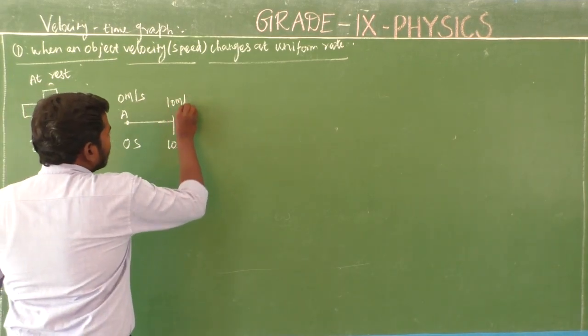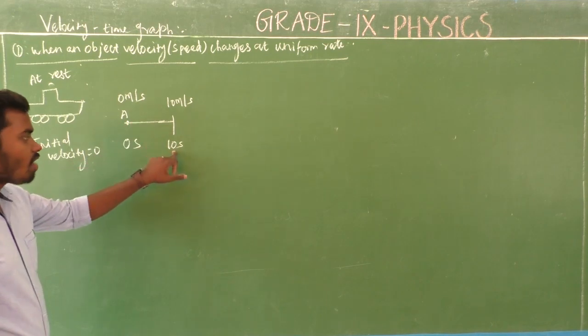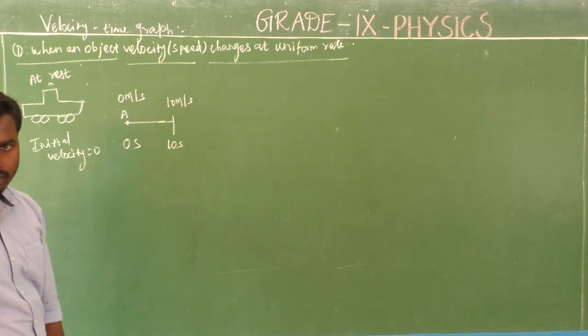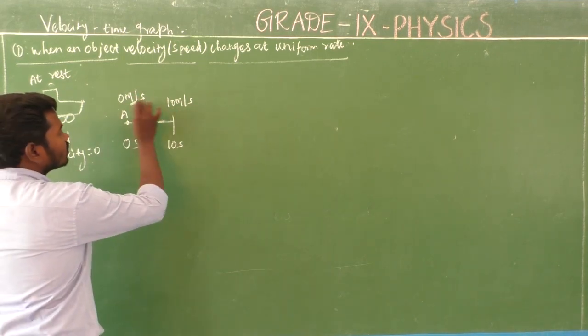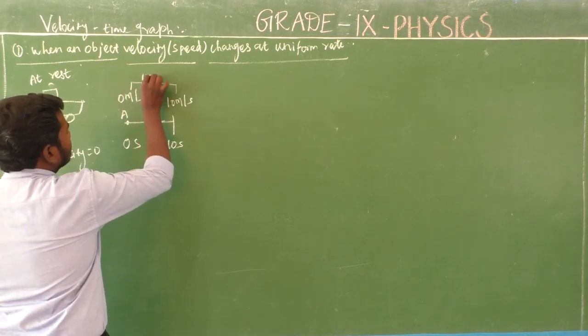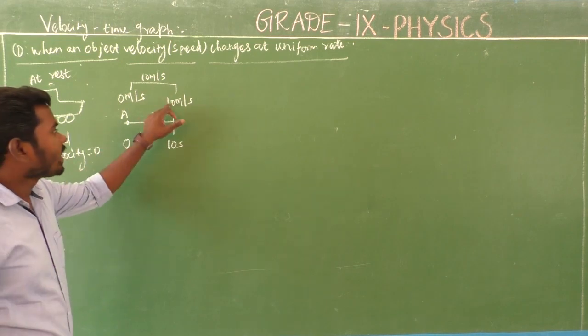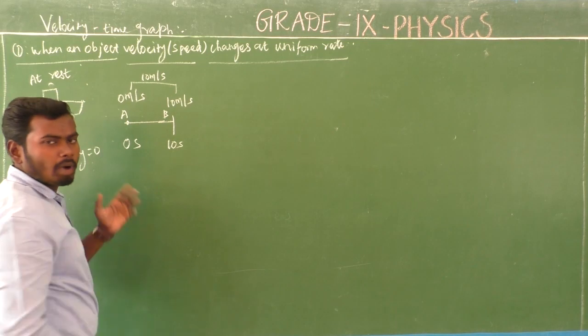Initially the car's velocity is 0 and after 10 seconds the car attains a velocity of 10 meters per second. The change in velocity is 10 minus 0, which is 10. Consider this is point B. The object comes to point B.